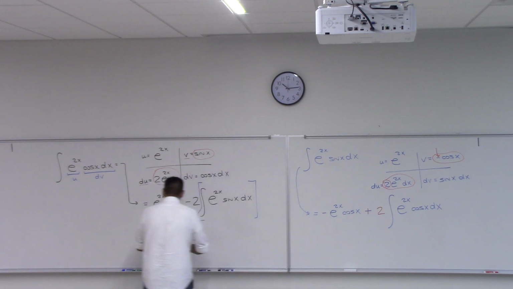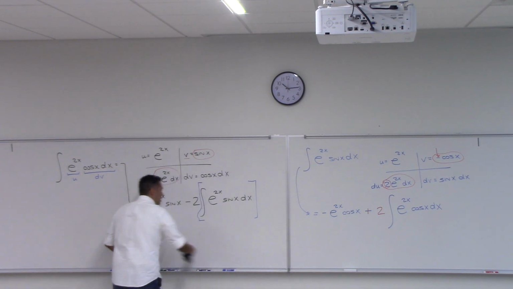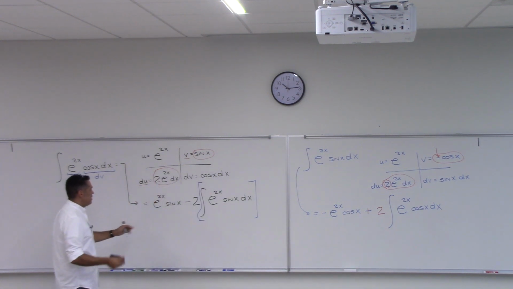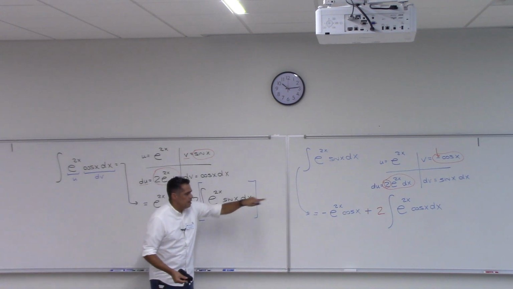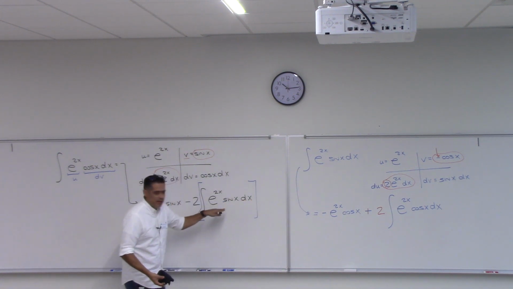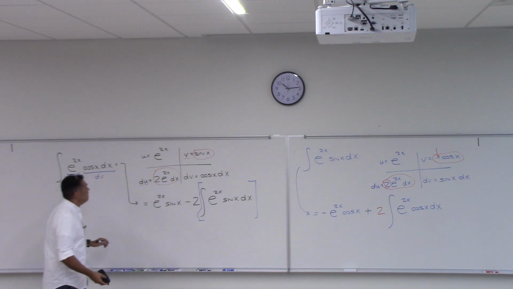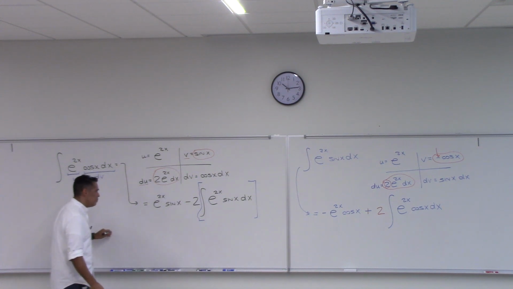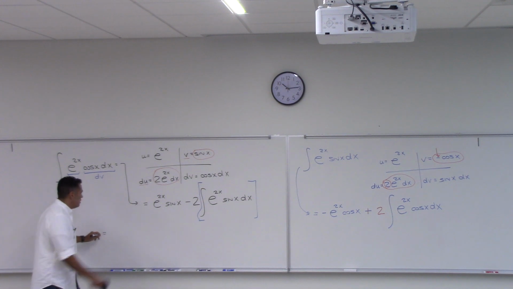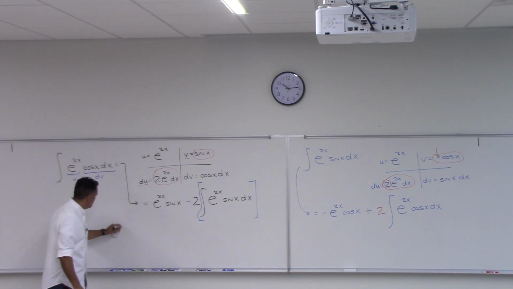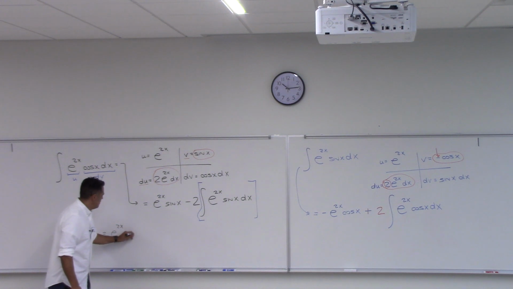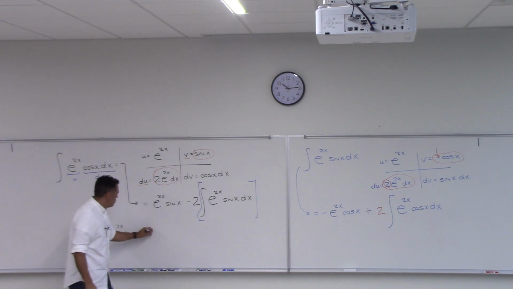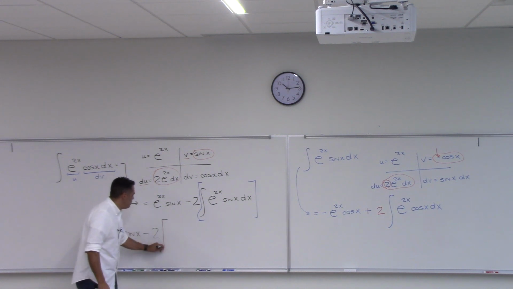Let's go back to this line right here. And what I'm going to do is I'm going to take what's in this bracket. That's everything over there, right? I'm going to plug it in right here. Let's just see what we have. Let me just continue it here. I need a little more space. So equals, I'm just rewriting this, e to the 2x sine x minus 2, and I'm going to put it in brackets.